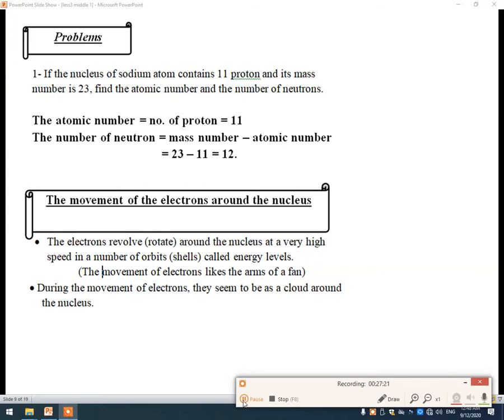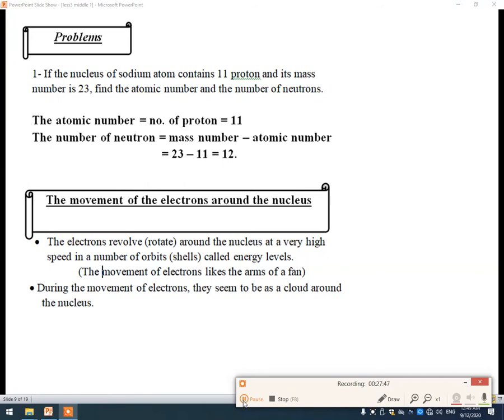Okay. To imagine with me, the electrons move at very high speed around the nucleus like a fan. If you have a fan at your home, the fan consists of arms. When you switch on the fan, can you see each arm individually? No. Why? Because the arms are moving at very high speed like one body.